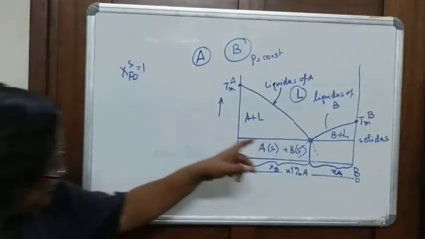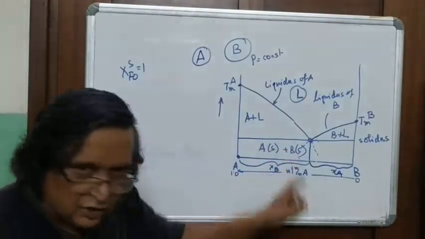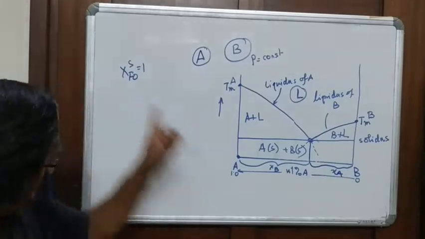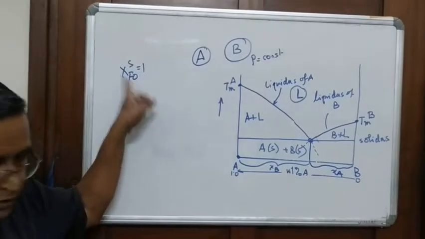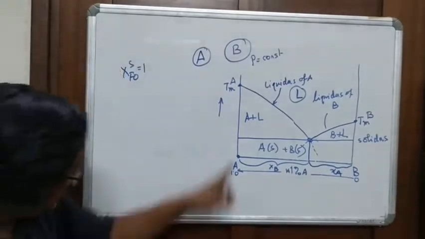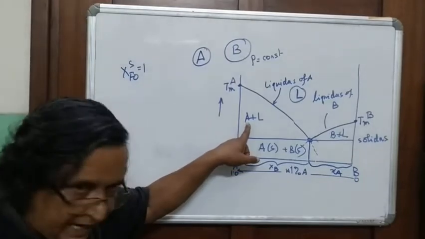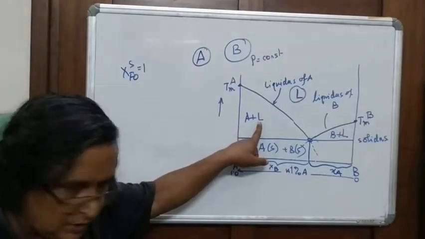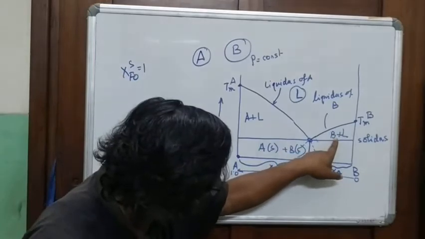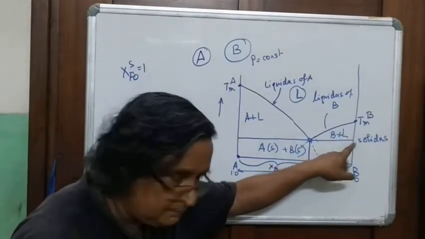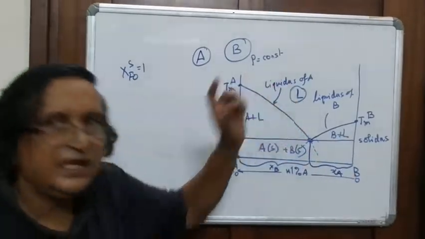This is A solid plus B solid. Pure solids, remember, X phosphorite solid was equal to pure phase. Here it is pure A plus liquid. Here it is pure B plus liquid. And here it is liquid.